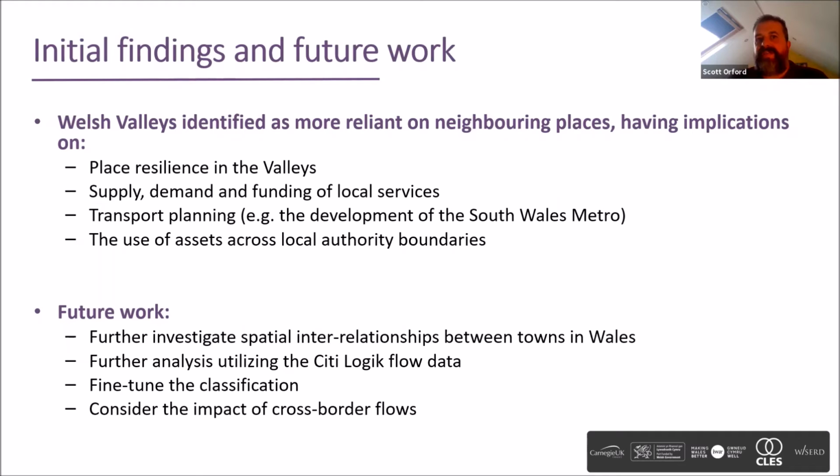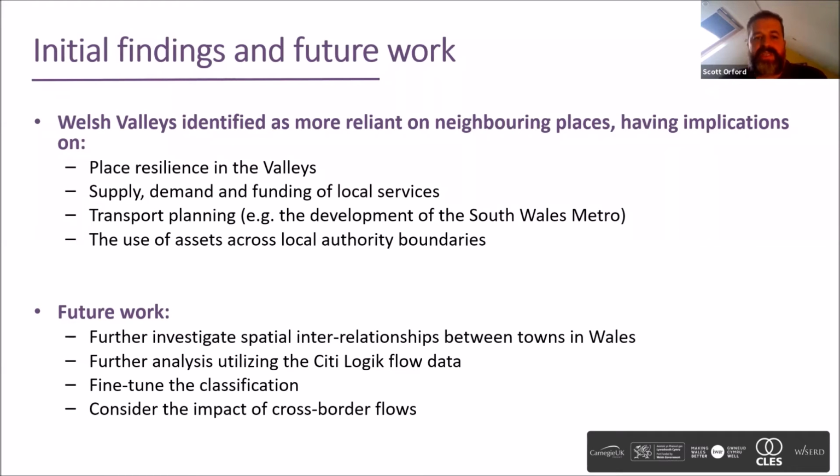So we have developed a 5 classification scheme, and we can reproduce the data there, just to see if there are nuances and patterns being hidden by collapsing 7 categories into 3, particularly in the interdependence category in the middle, which we think is probably quite an important category. At the moment, we think it's hiding some interesting relationships, simply because we've combined lots of places together. So we're looking at ways we can split this middle interdependence category into maybe 2 or 3 smaller categories to try and unpick that.